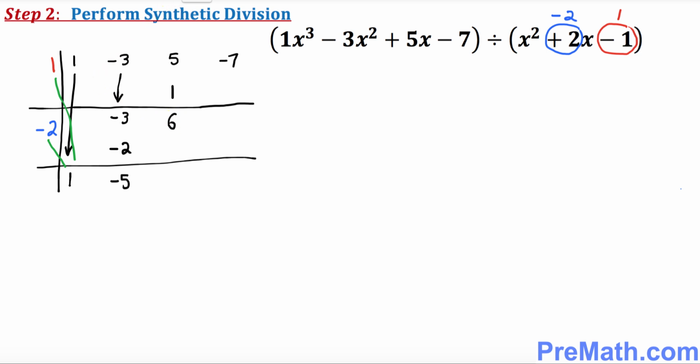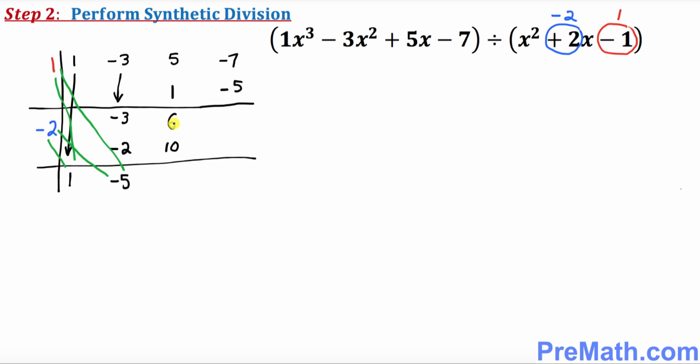Now let's repeat the same process all over again. -2 times -5, that's gonna give you +10. That should be in the same box. And 1 times -5 is going to give us -5 right up here.